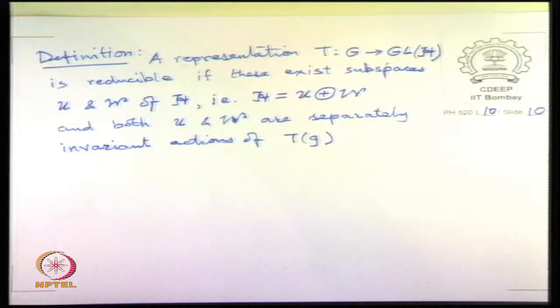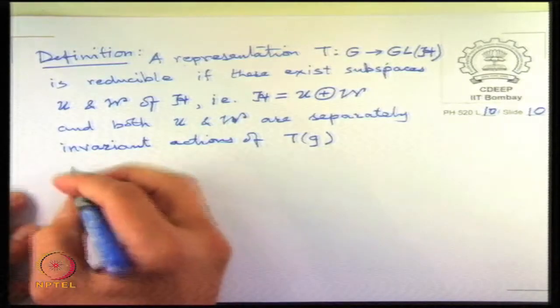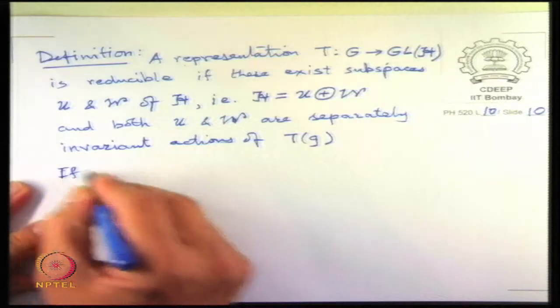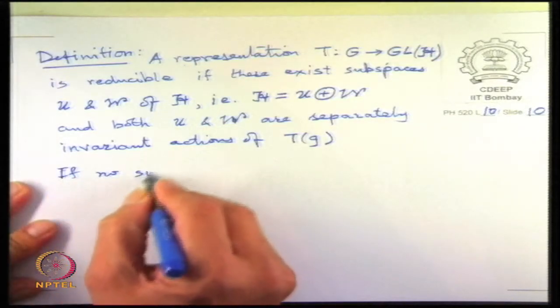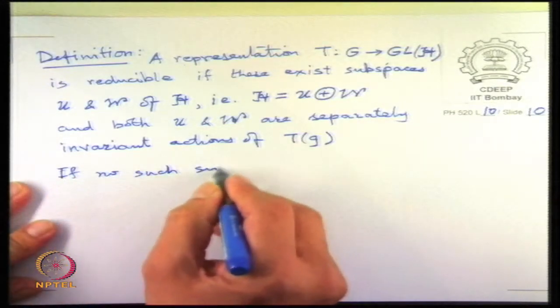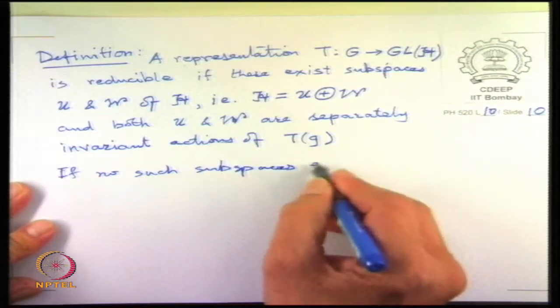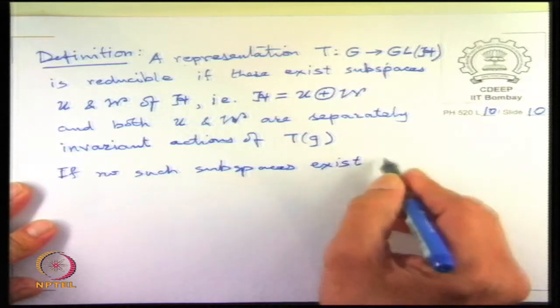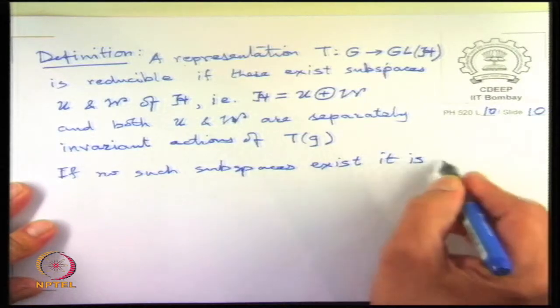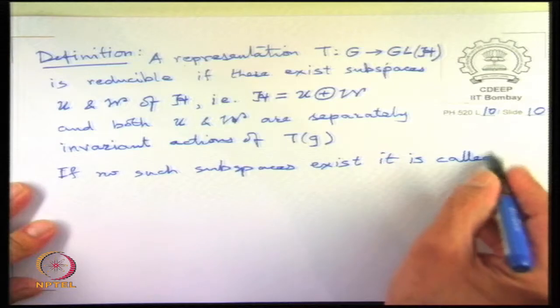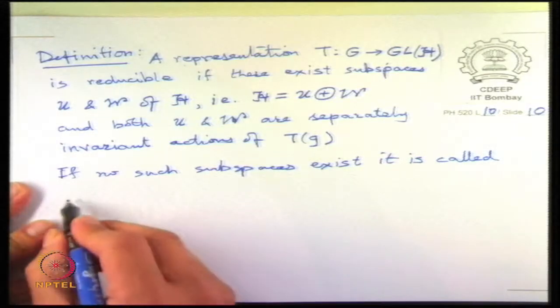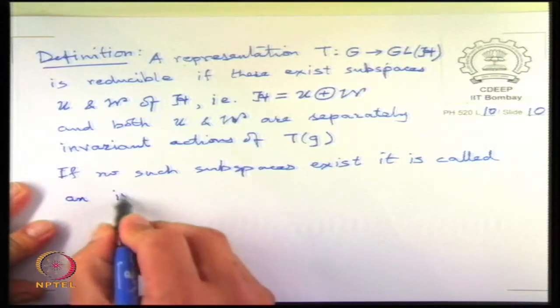And if there is no such space, if no such subspaces exist, it is called an irreducible representation.